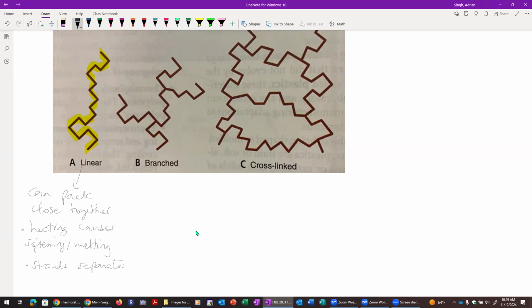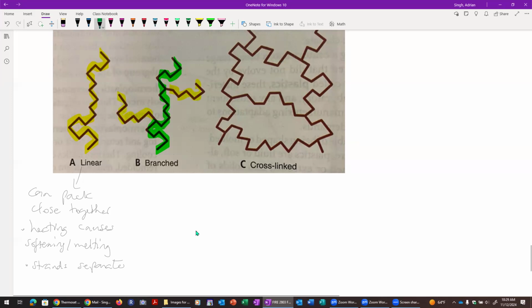If you take a look at the branched polymer here, for example, I have this as my backbone in green, and you can see that I have a couple of branches in yellow coming off periodically from that main chain.